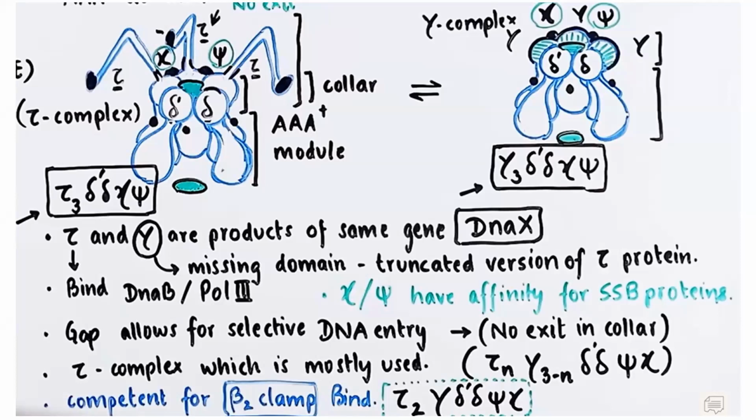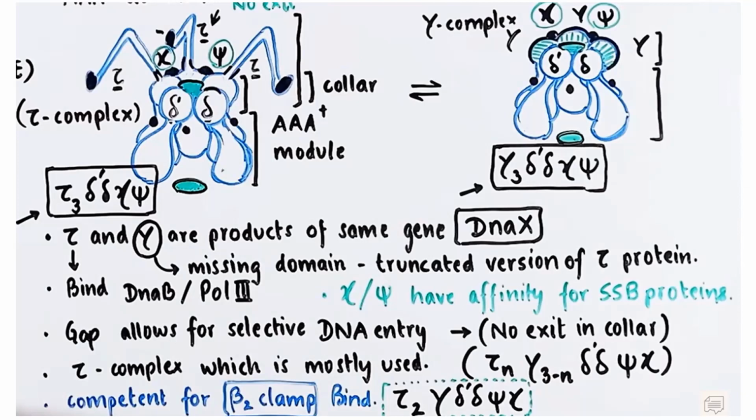Here you can see the structure. The other 3 proteins are either tau or gamma proteins. These are the proteins with a ponytail, we can say. So when talking about the 5 proteins, we have 3 tau proteins, 1 delta prime, and 1 delta protein.